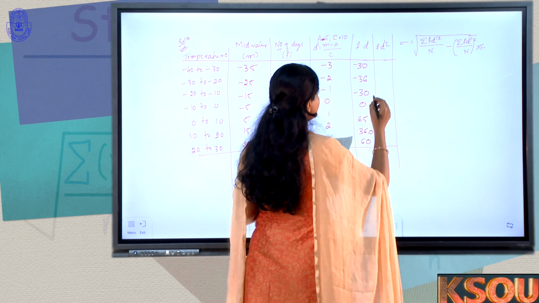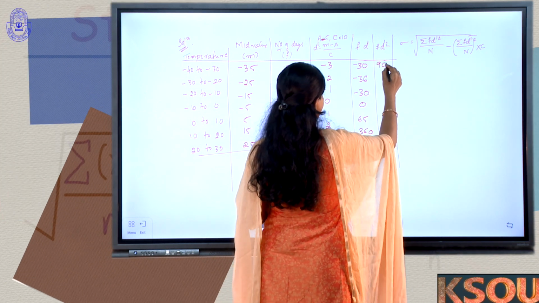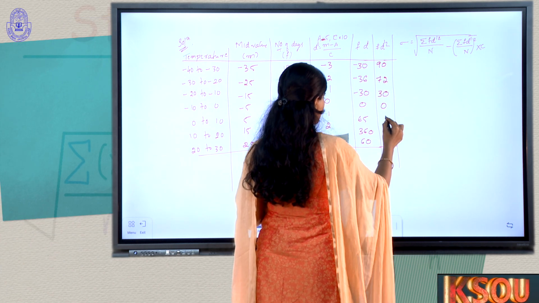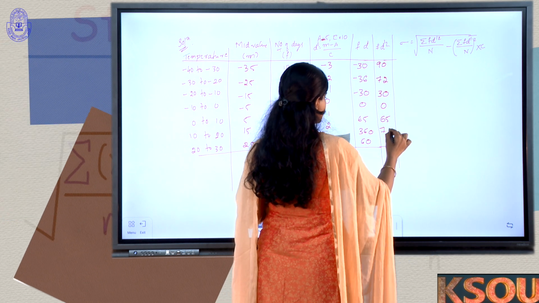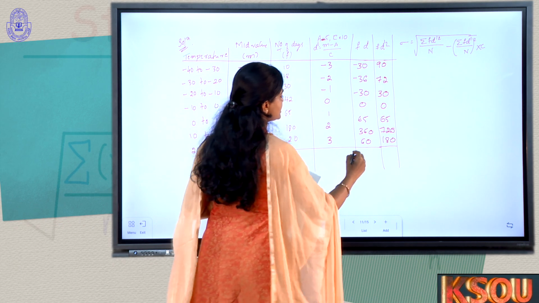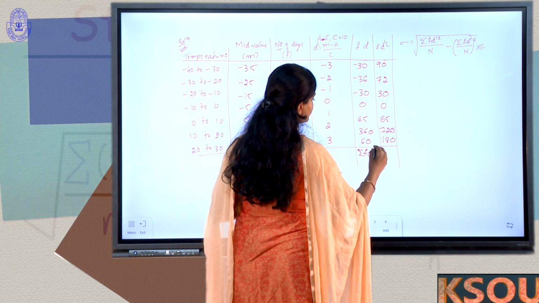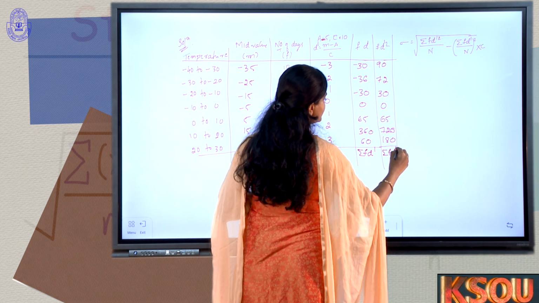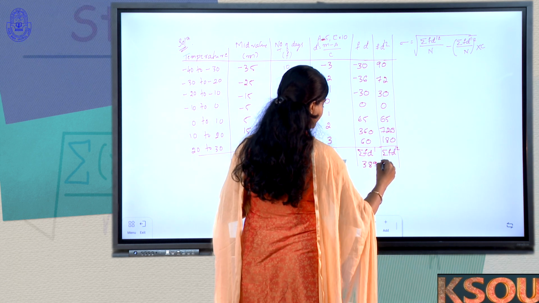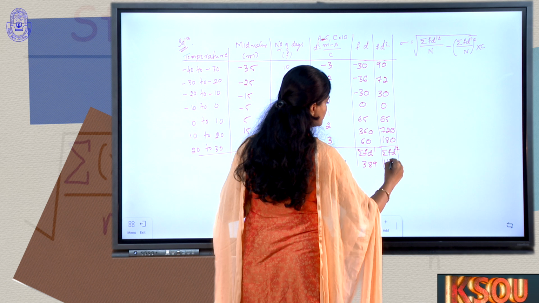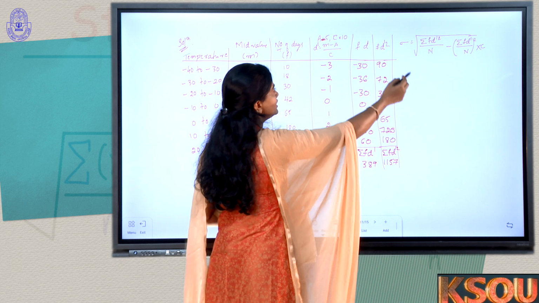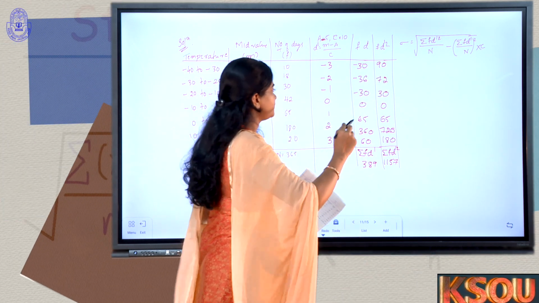You will get the values 90, 72, 30, 0, 65, 720, 180. So here we take the summation of fd dash and fd dash square. For fd dash it is 389 and for fd dash square it is 1157.